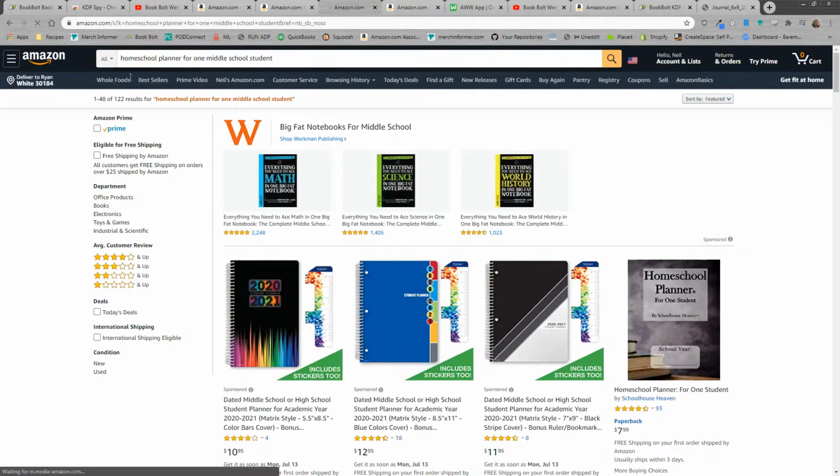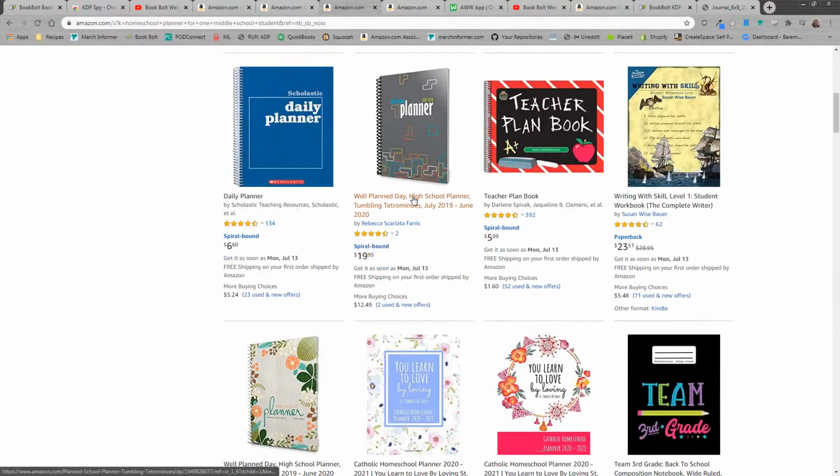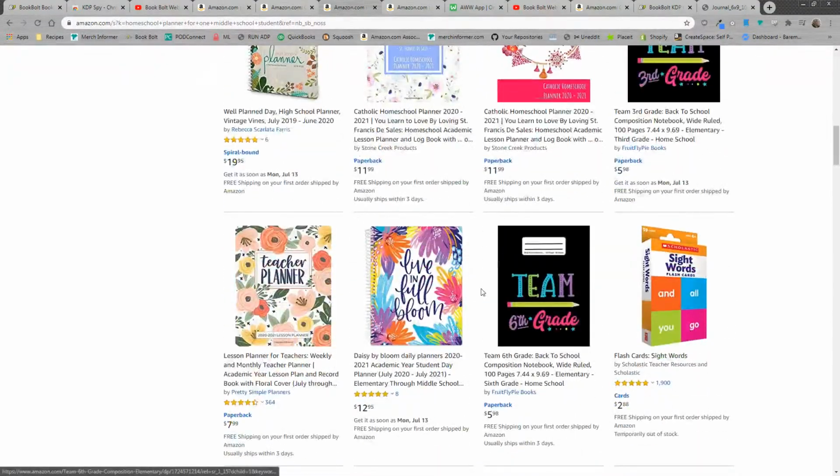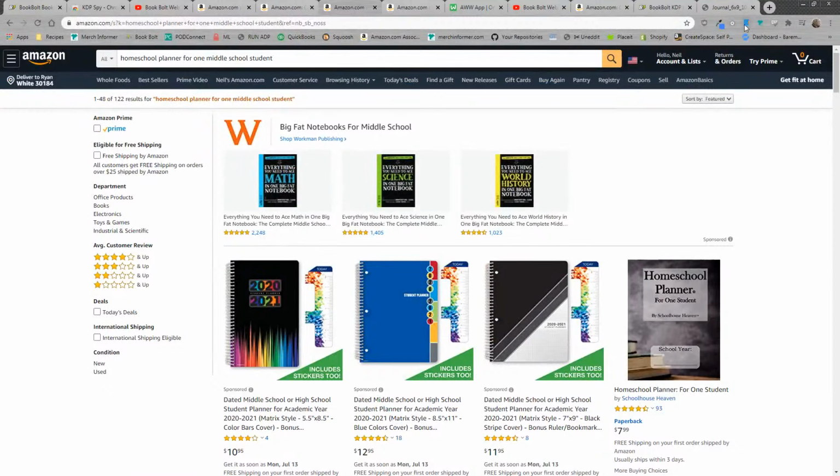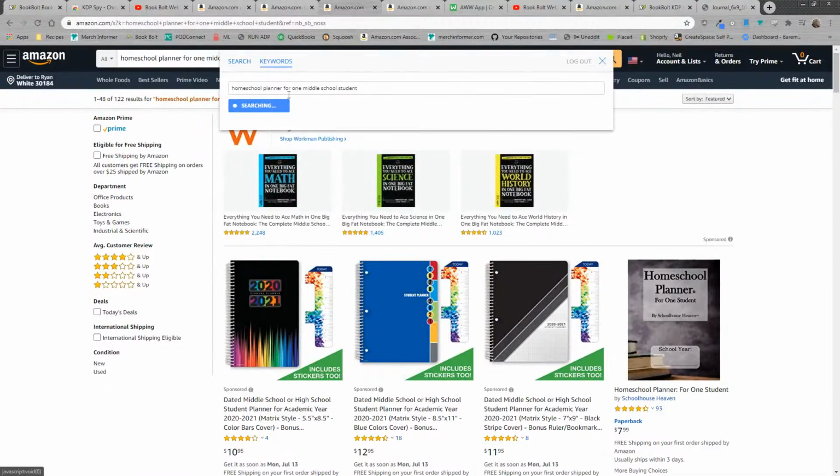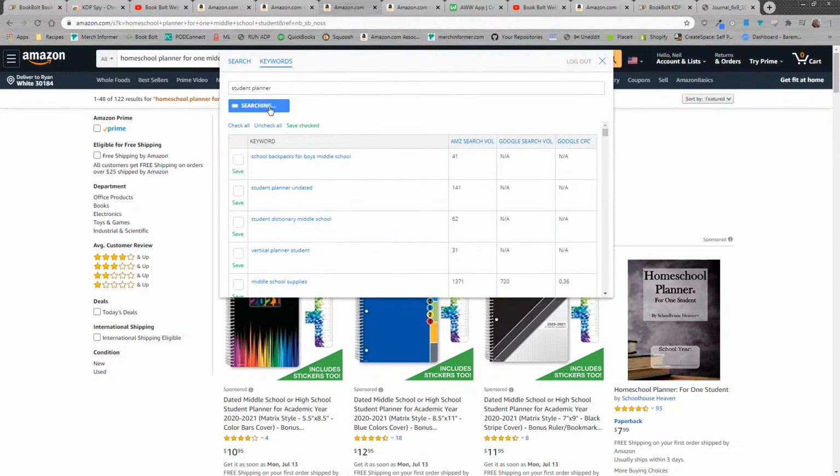We're going to make a long tail, 122 results, so something super easy. Yeah, there's a lot of stuff in here. You could easily rank a book in here. And if you pull up KDP Spy, you look at keywords and you look at student planner, all right? Student planner undated. Did you just see that one right there?